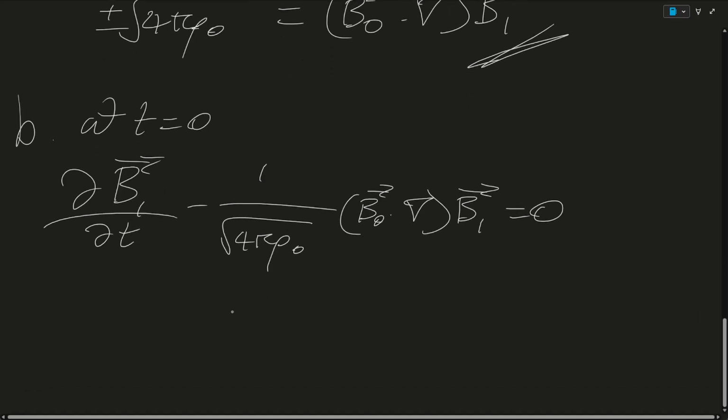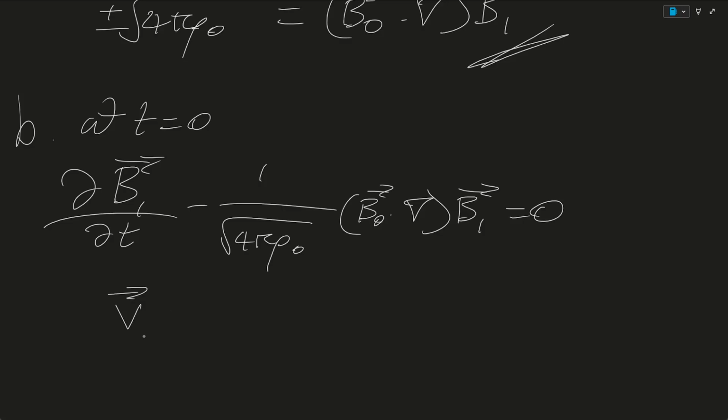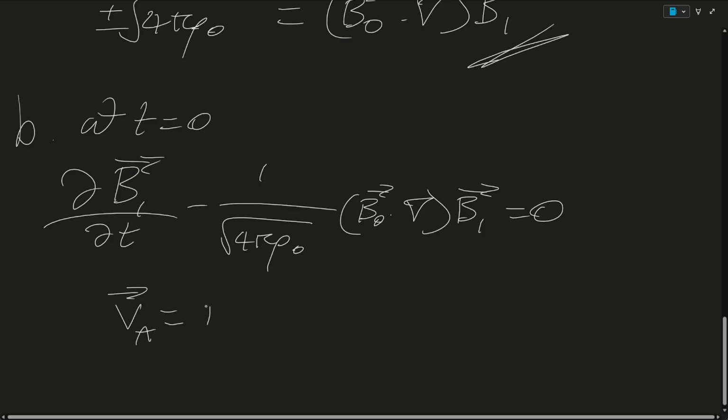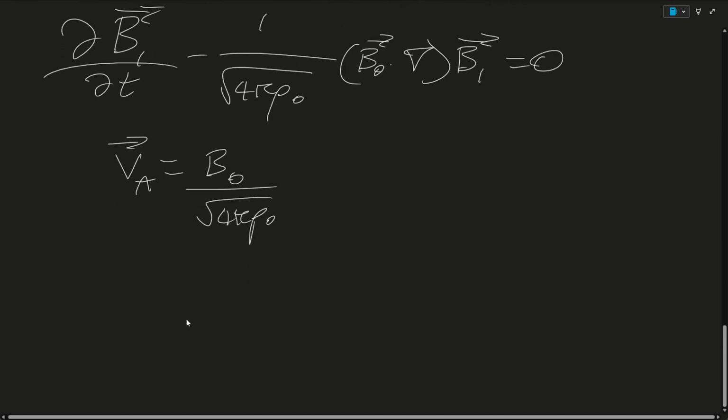Cool. I'm going to throw in alpha and velocity here. V_A is B naught over root 4 pi rho naught.